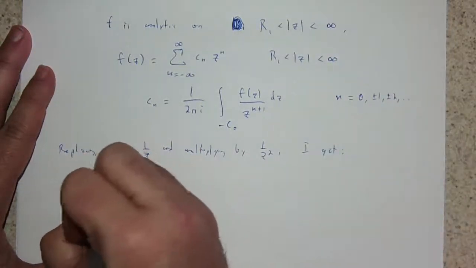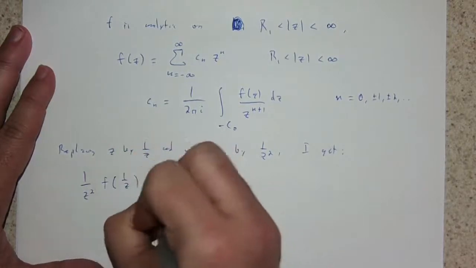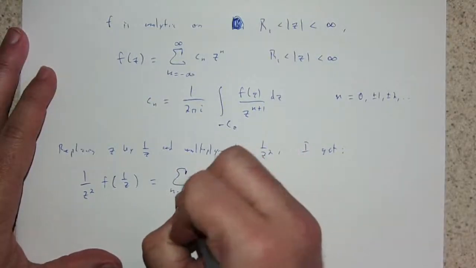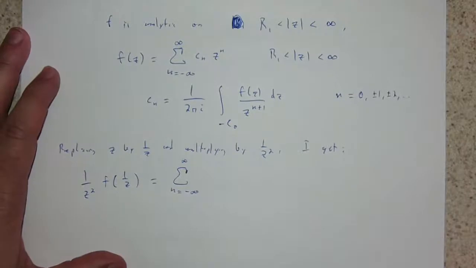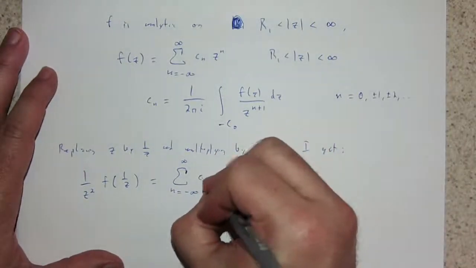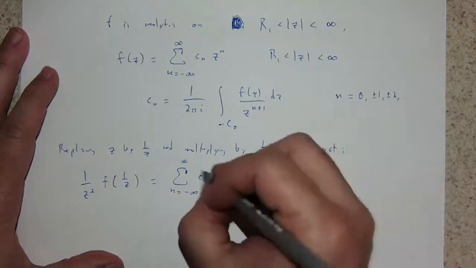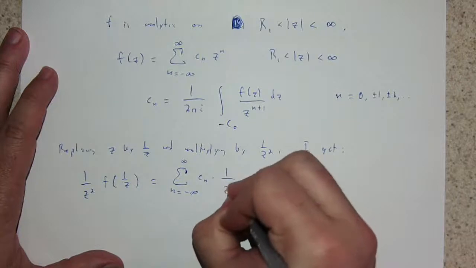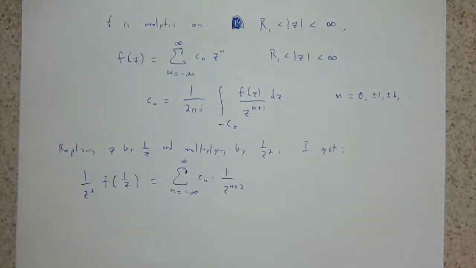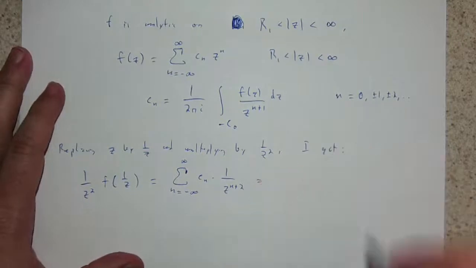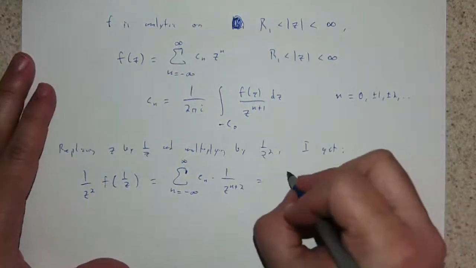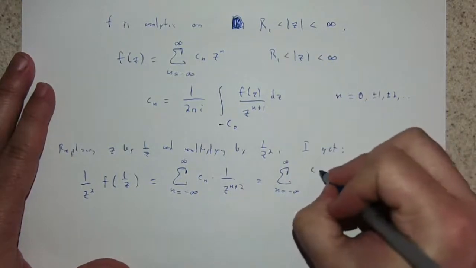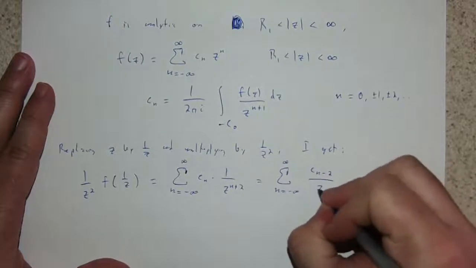So I get 1 over z squared times f(1/z), which is what? Well, in the Laurent series, this is a sum from n equals minus infinity to infinity of c sub n times 1 over z to the n plus 2, which I can rewrite by shifting the index as the sum from n equals minus infinity to infinity of c sub n minus 2 over z to the n.